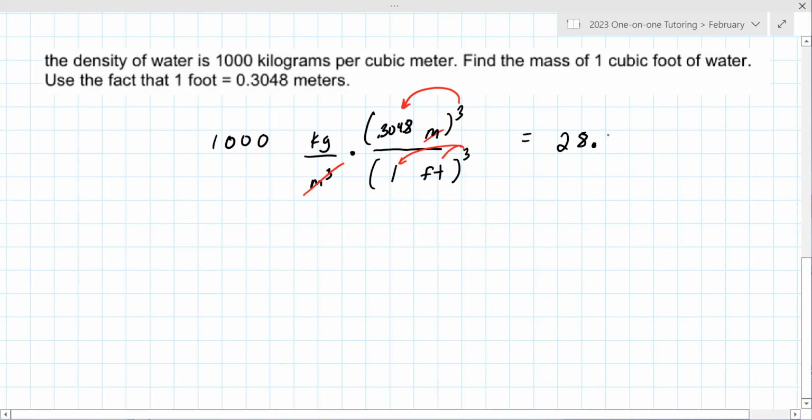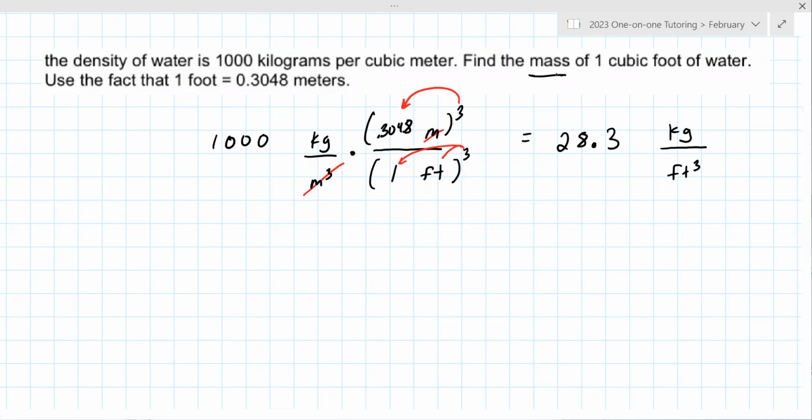What would it be? 28.3. And the units here are kilograms per foot cubed. And that's the mass. The mass is in kilograms, per cubic foot. So it would be 28.3 kilograms per cubic foot. Okay, that makes sense, actually.